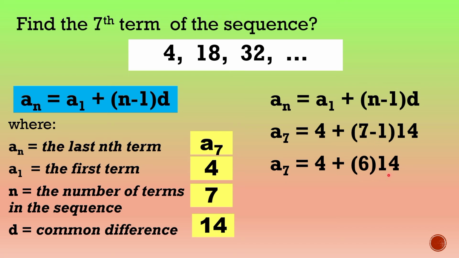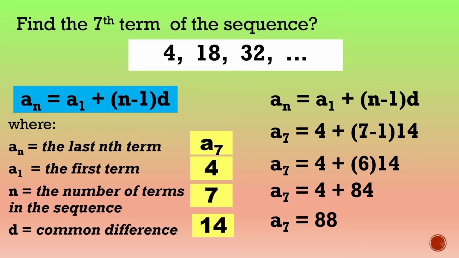Now, remove natin si parenthesis. So, magiging a sub 7 is equals to 4 plus 6 times 14 is 84. And 4 plus 84 is 88. So, our 7th term or a sub 7 of the sequence 4, 18, 32 is 88.